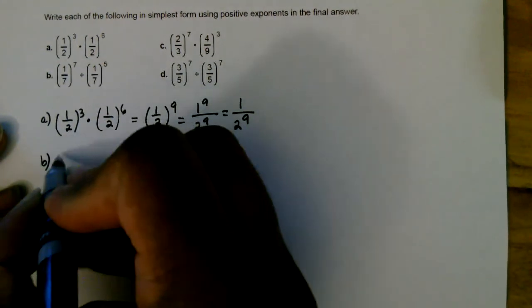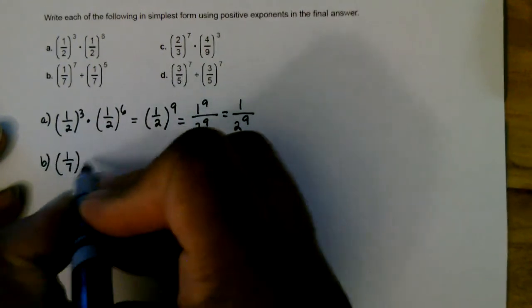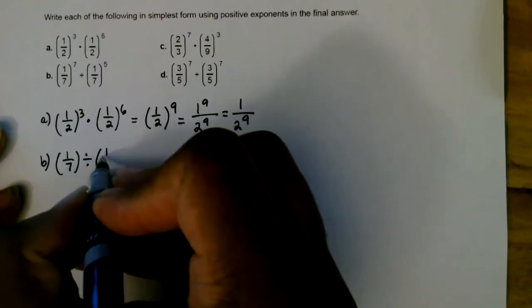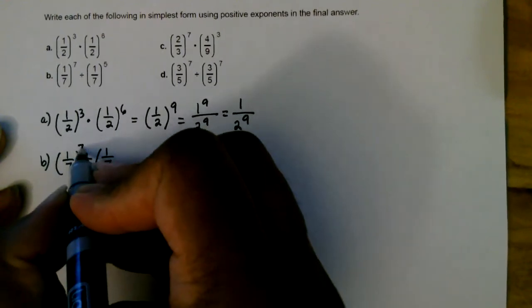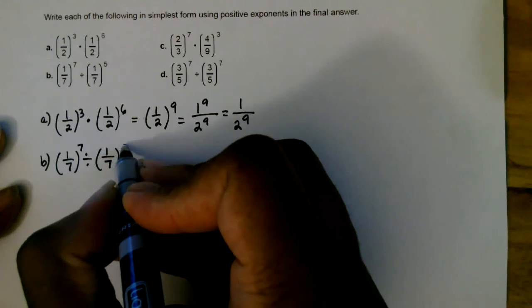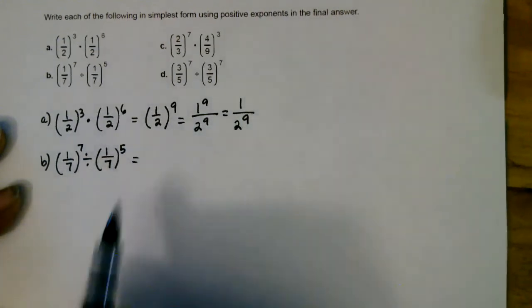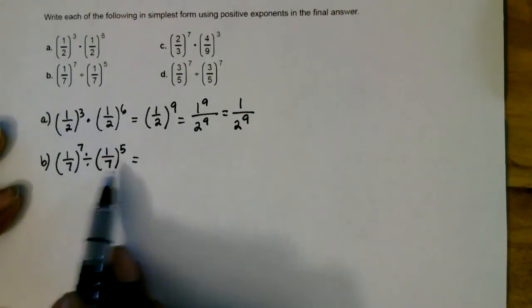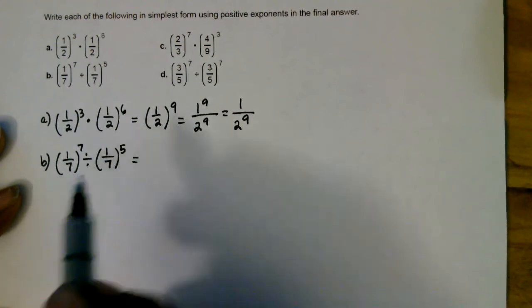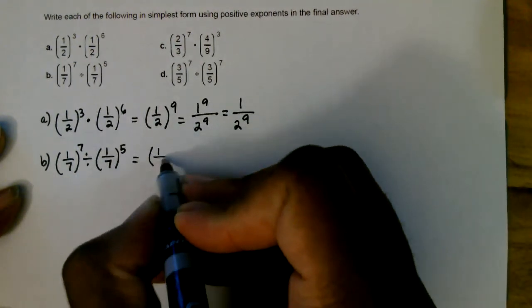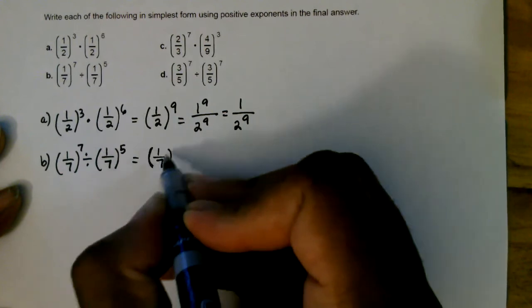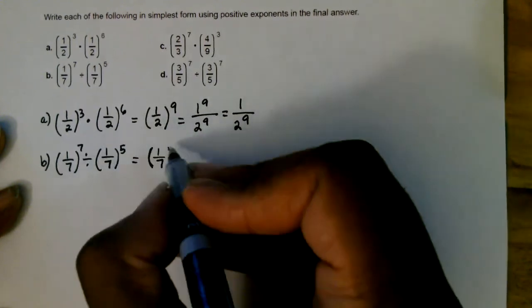Now part B, 1/7 raised to the 7th divided by 1/7 raised to the 5th. Here we're dividing powers of the same base. So we bring over that base of 1/7, and we're going to do 7 minus 5.